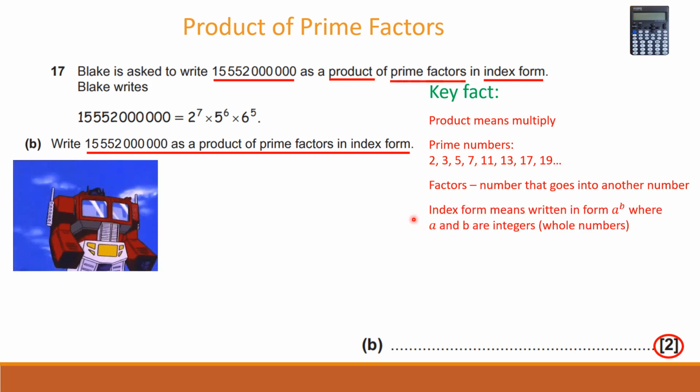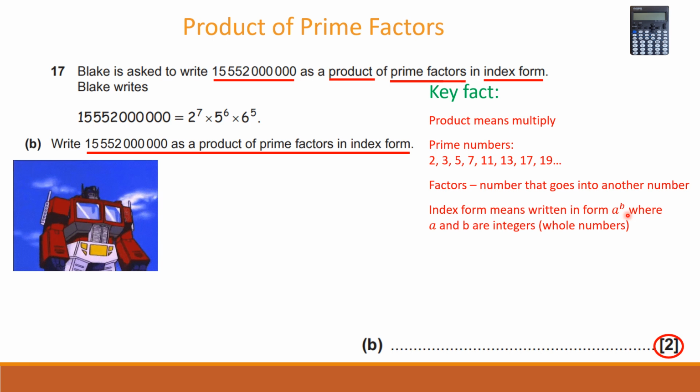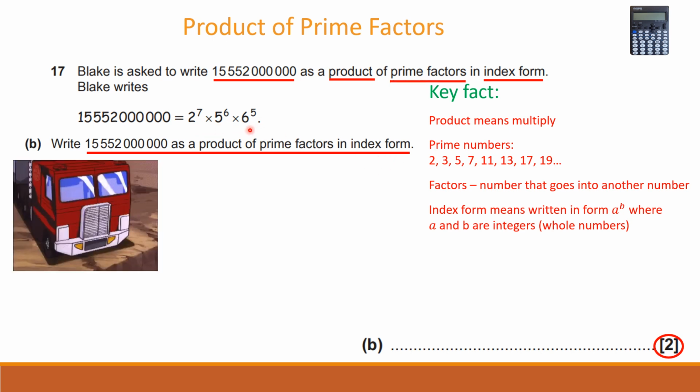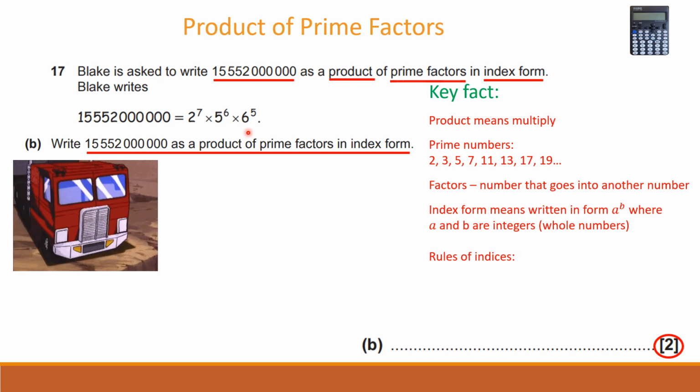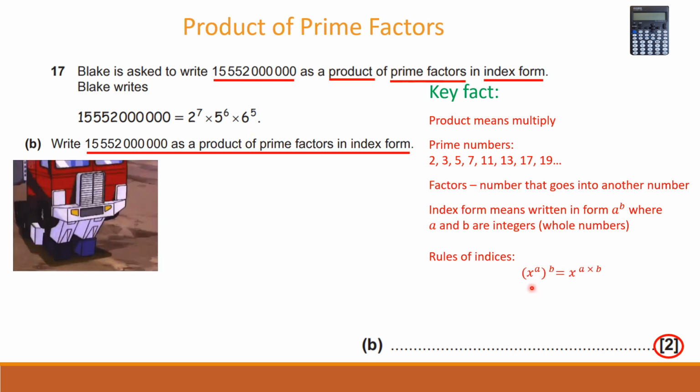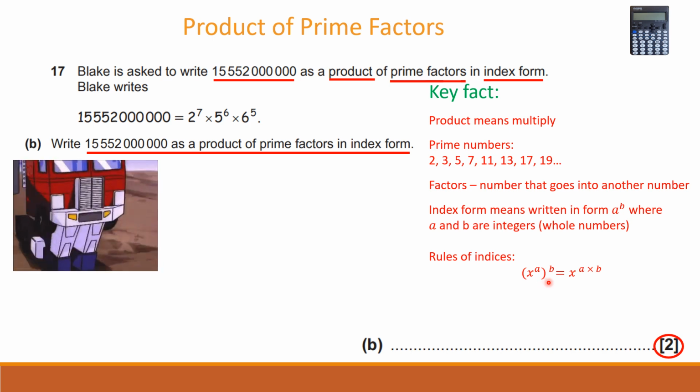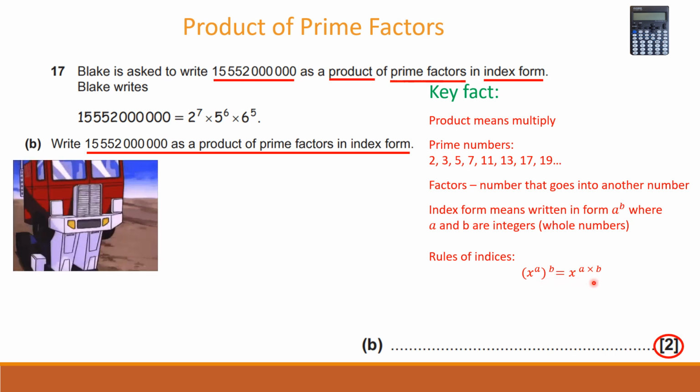Index form means you're written as a number to the power of another number. So a and b are integers. So in this case, 2 to the power of 7 is written in index form. So we've got to write them all in index form, but we've got to make sure that this 6 becomes a prime number. And we're going to be needing to use some rules of indices. So the power rule with the bracket is if you've got x to the power of a, all to the power of b, is the same as x to the power of a times b.